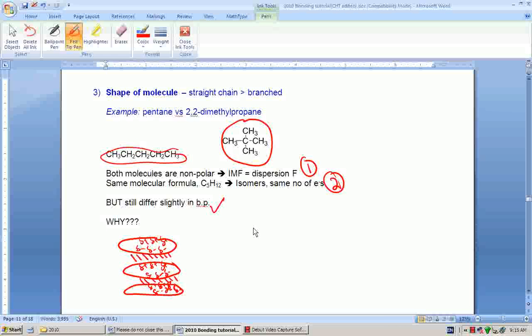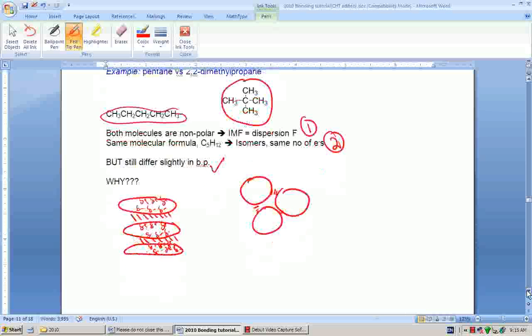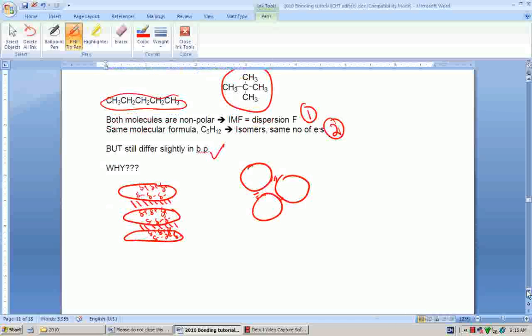Now compare this with the spherical case. Let's say we have 3 molecules as well in the spherical case. Same thing, there will be induced dipole. However, the surface area for interaction becomes very small for the spherical case. Hence, we say that for the elongated shape versus the spherical, we can conclude that the linear molecule has a higher boiling point.